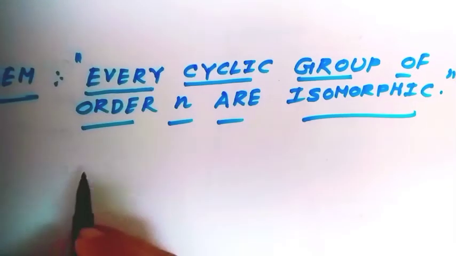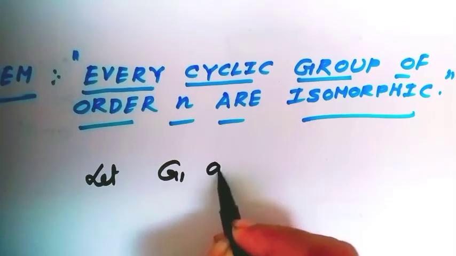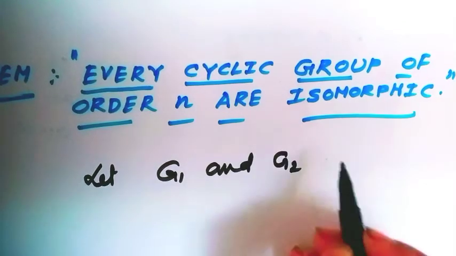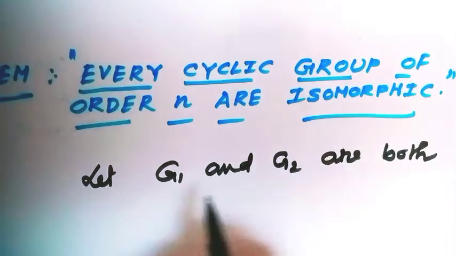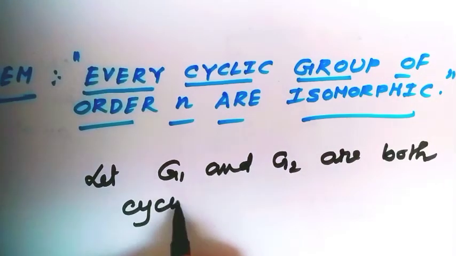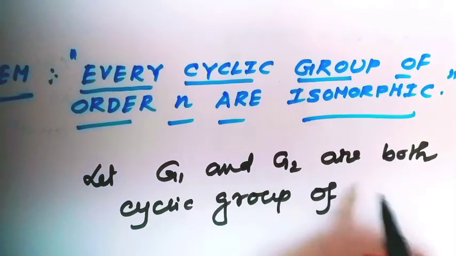Let's see the proof. Let G1 and G2 both be cyclic groups of order n.